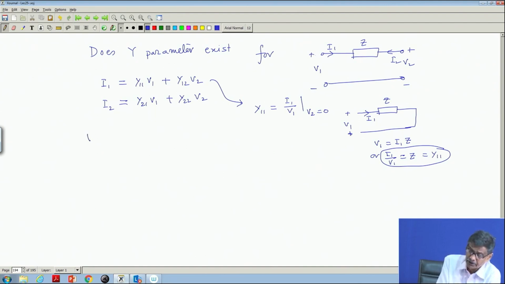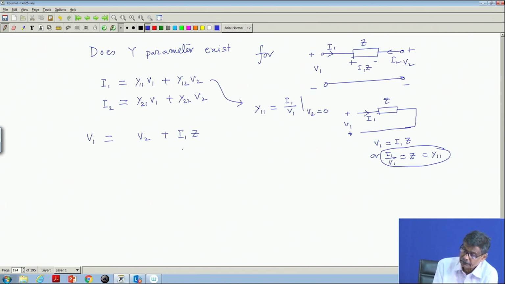For example, V1, this input voltage, is nothing but V2 plus I1 into Z. This voltage drop is I1 into Z, if you consider this current to exist.